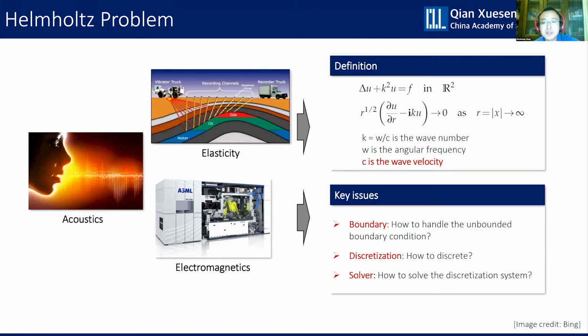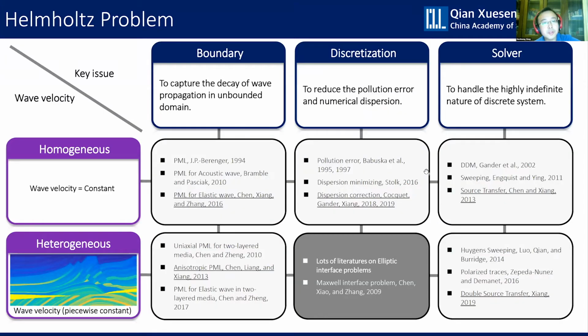There are some key issues for the boundary, the discretization, and the solver of this problem. During the last several decades, there were many publications about these three issues, for example on the homogeneous problem, where the wave velocity is a constant, and the heterogeneous problem, where the wave velocity is not a constant, but in practical problems is always piecewise constant.